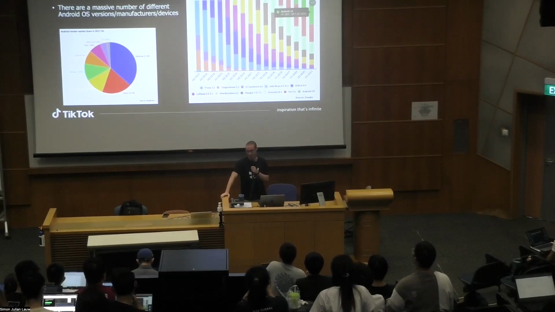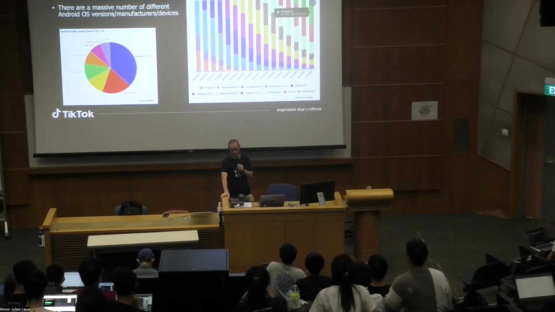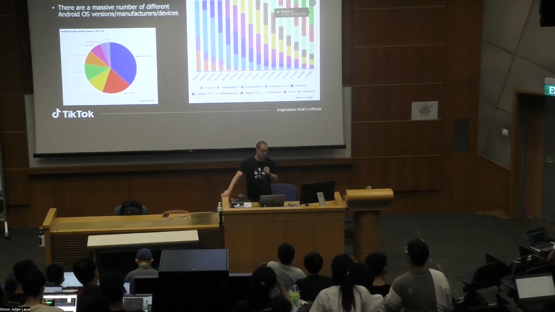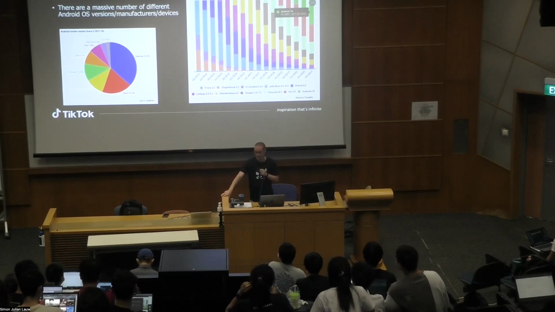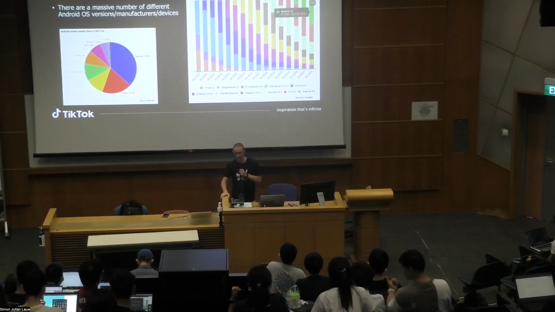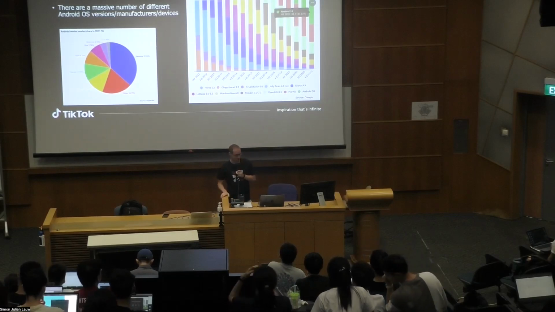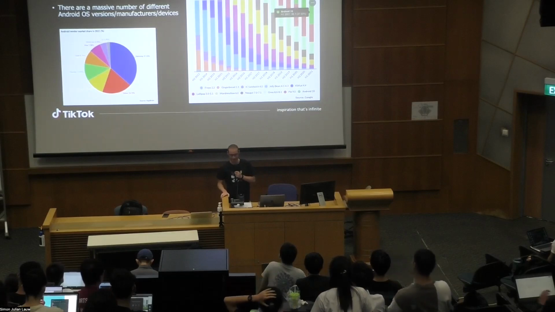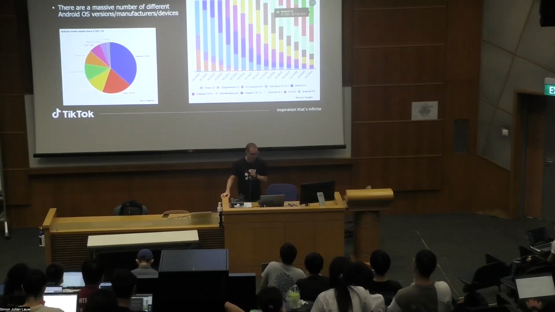The reason for this fragmentation is that Google makes the Android OS, and they distribute it to manufacturers like Samsung or Huawei or Oppo. And those manufacturers won't install it as it is. They will make some customization. So Samsung will take the Android OS from Google and do some stuff. We don't know exactly what they are doing.